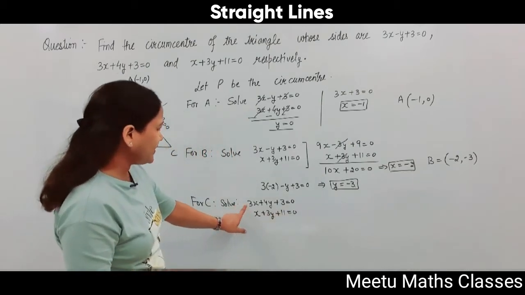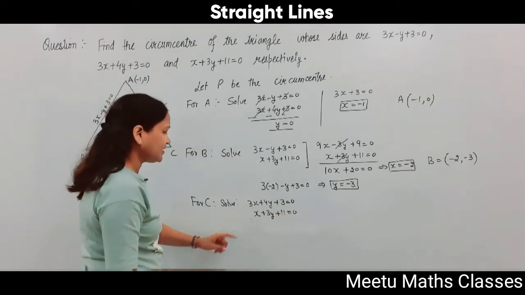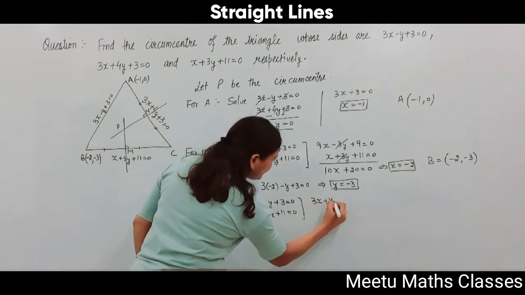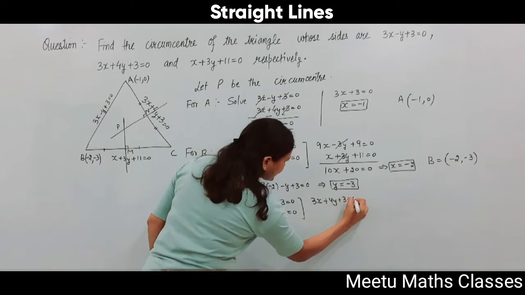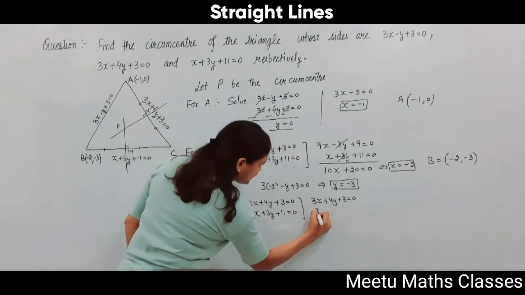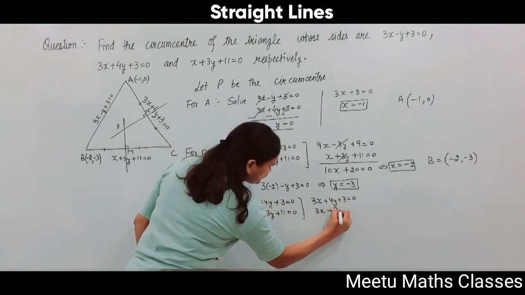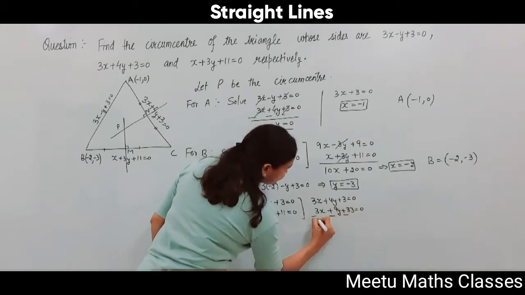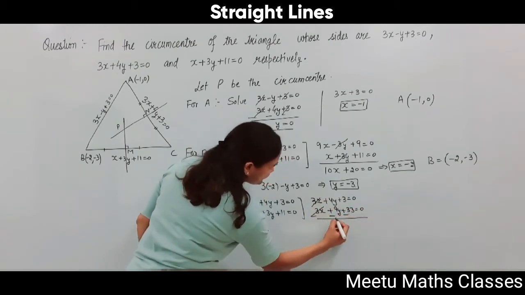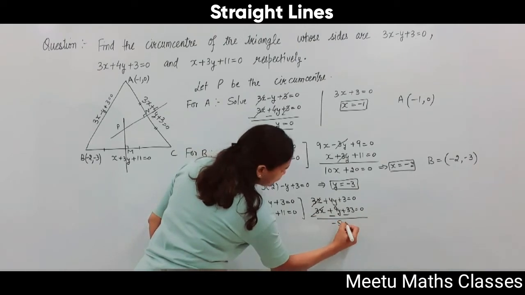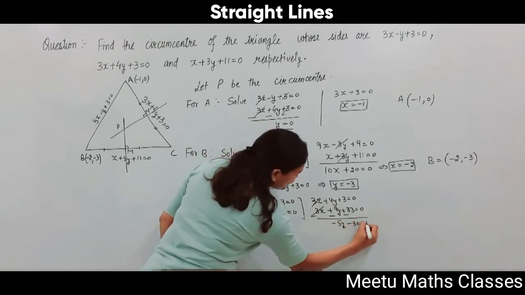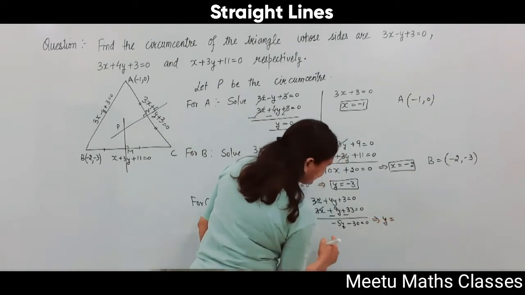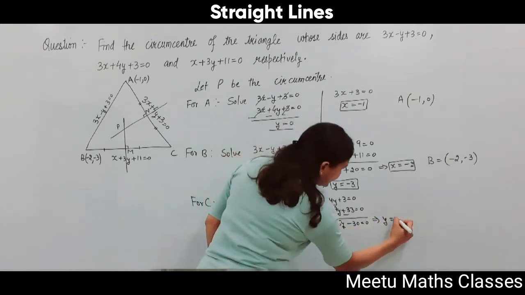Here also we can choose elimination method. सेकेंड इक्वेशन को आप 3 से मल्टीप्लाई कर दो. राइट द फर्स्ट इक्वेशन एज इट इज. सेकेंड को आप 3 से मल्टीप्लाई कर रहे हैं. Now subtracting, we will get -5y -30 is equals to 0. So y will be -6.